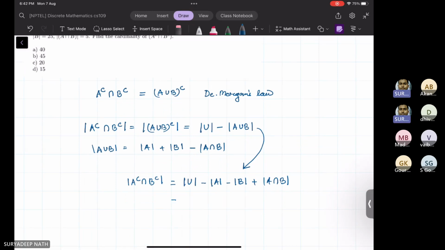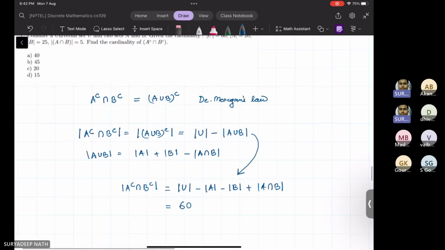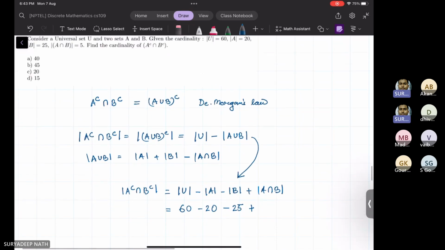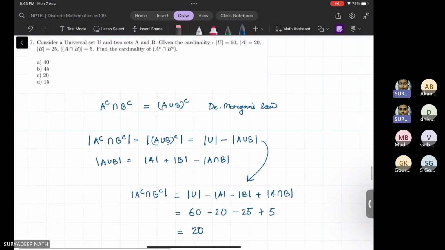So it is 60, A is 20, B is 25, and A intersection B is 5. So if you do the maths, it comes out to be 60 minus 40, it comes out to be 20. So the right answer for this question is option C, 20.